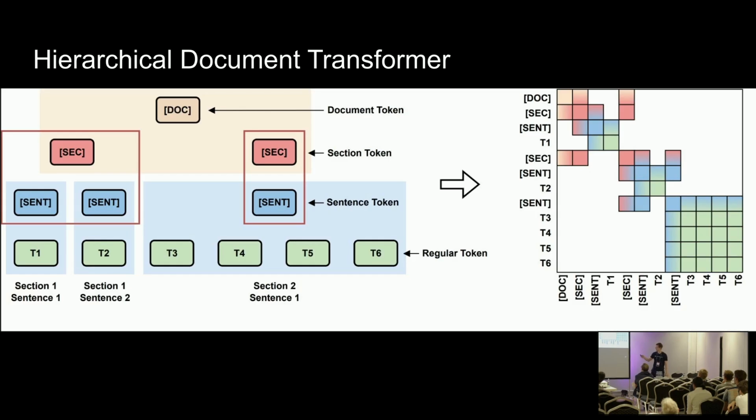At the bottom, we have the regular tokens, like "the train is at the station", each word separately. Our attention summarizes that into sentence tokens, which are then in turn summarized into section tokens, which are then summarized into one document token.